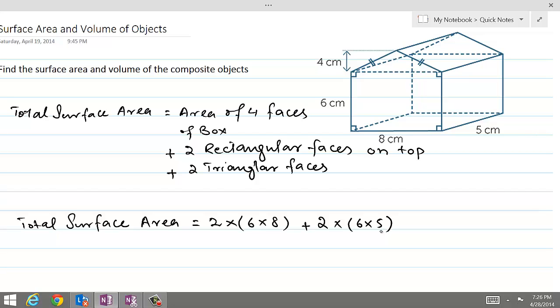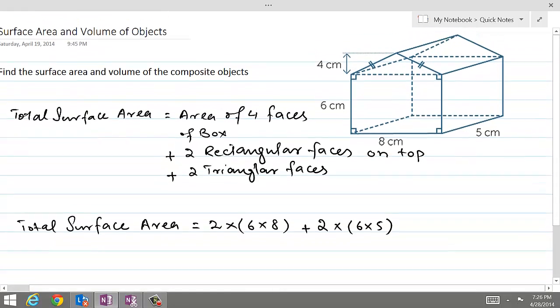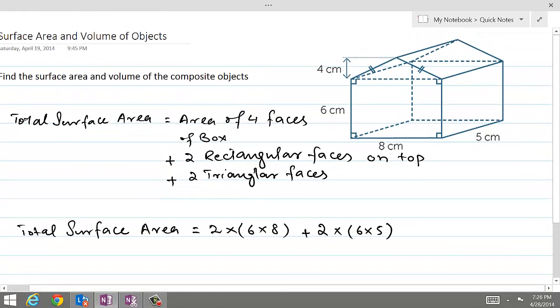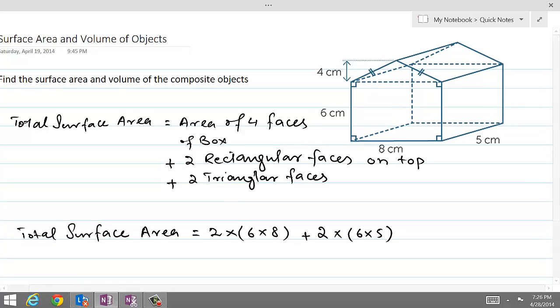Now the total surface area on the rectangular faces on the top. If we take a look at this rectangle here, this side is given as 4 centimeter, and this side is half of the length of the front face, so this is 4 centimeter as well.